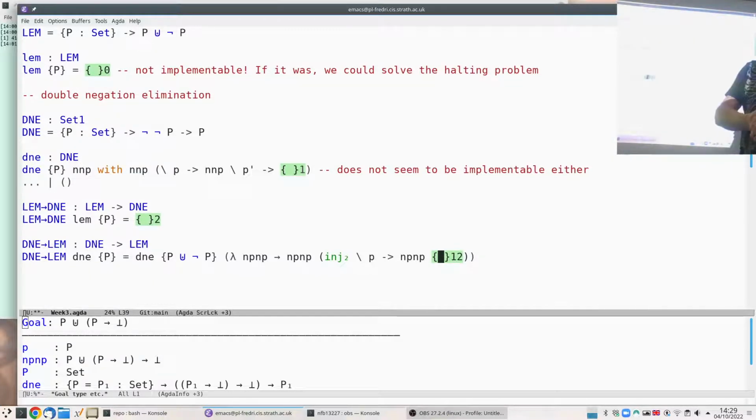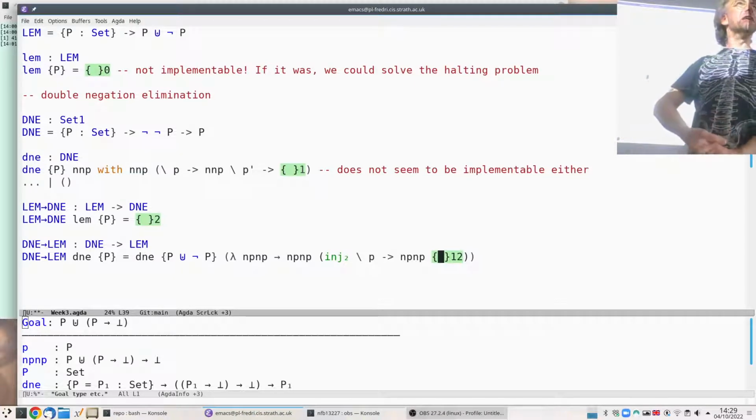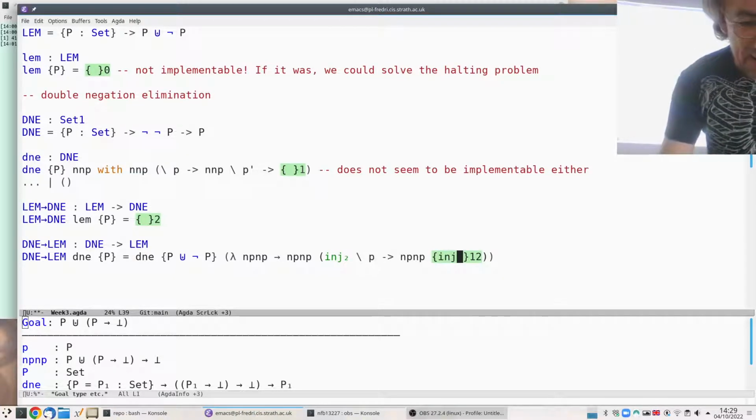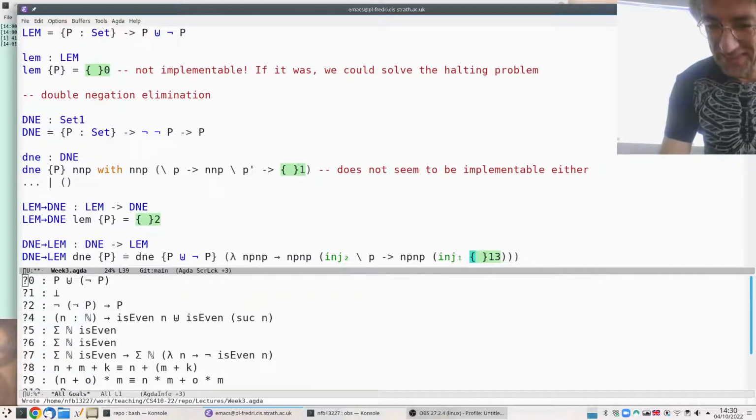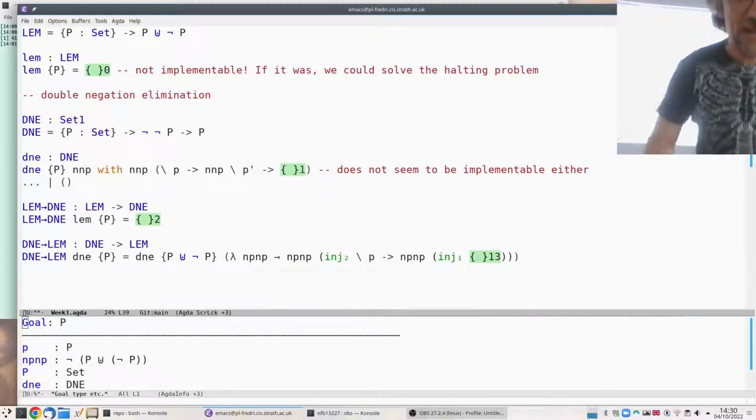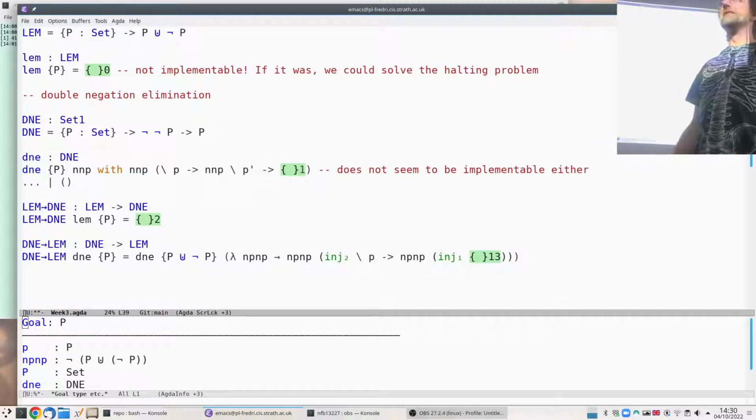Last time I tried to do this process, I went right. This time, I went left. And now, well, I have a proof of P, but I got one last time.